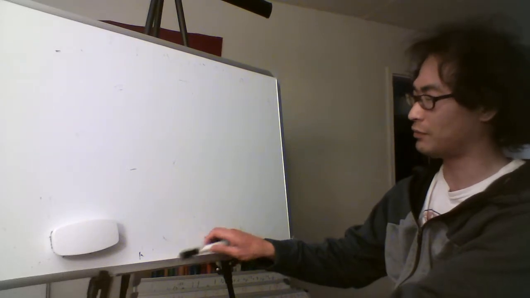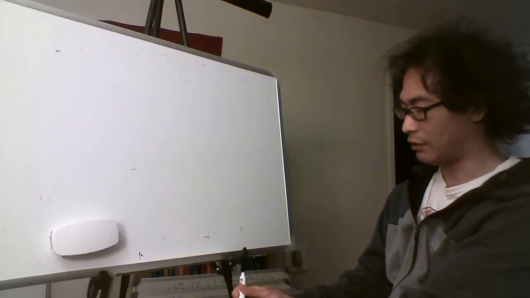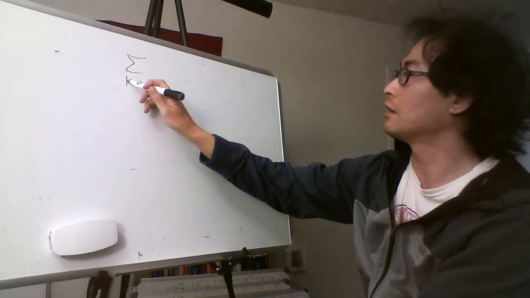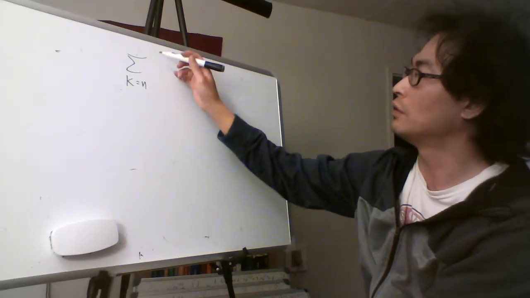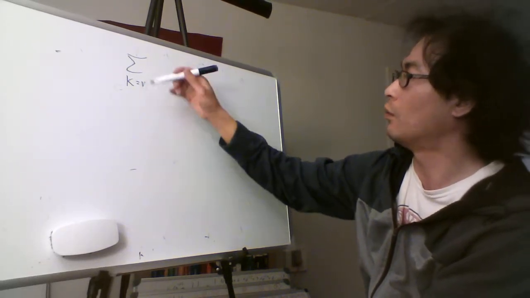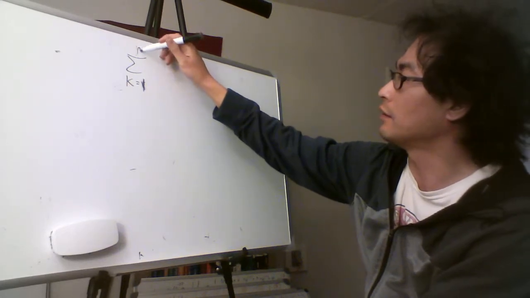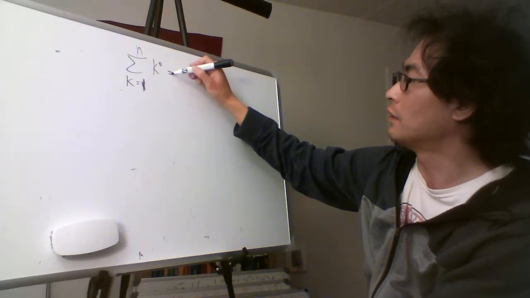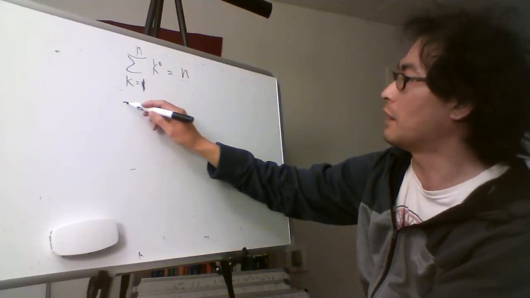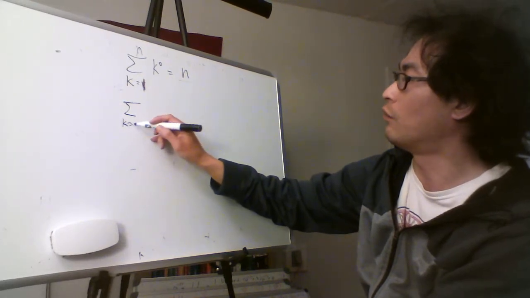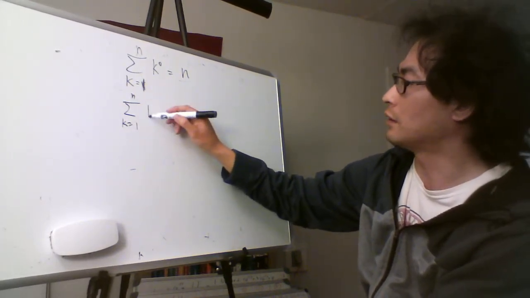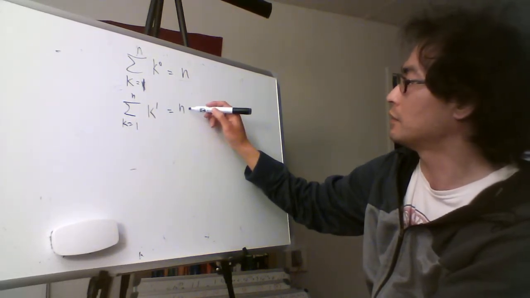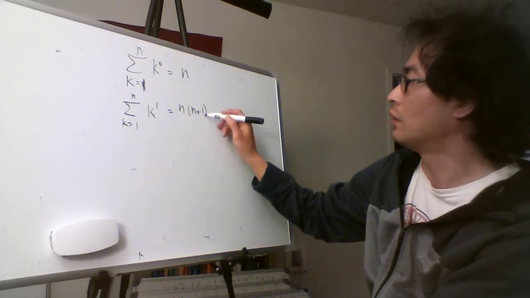Now, next step, we have to find this pattern. Sigma k from 1 to n of k to the 0th is equal to n. Sigma k from 1 to n of k to the first is n times n plus 1 over 2.